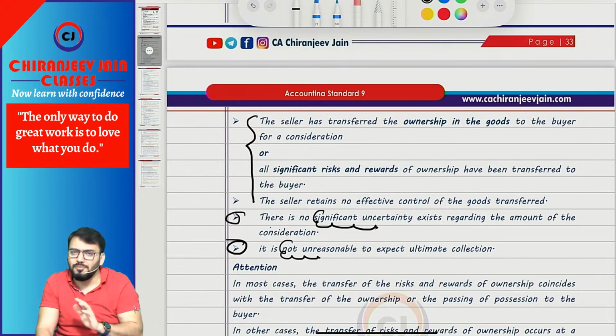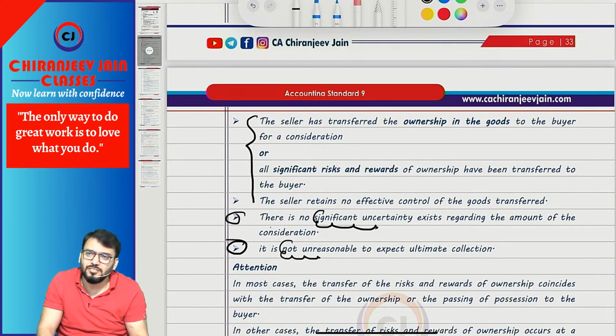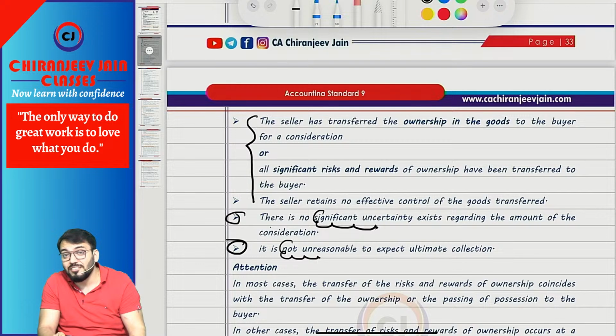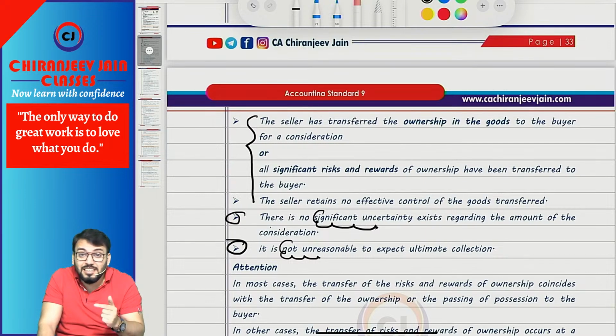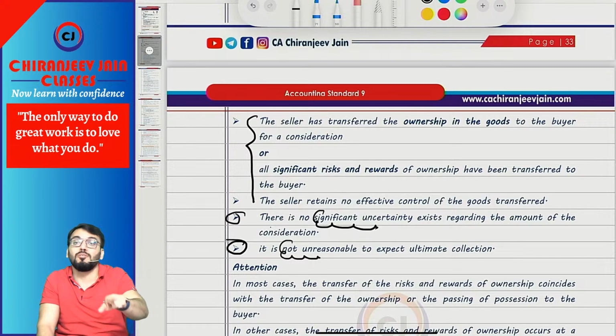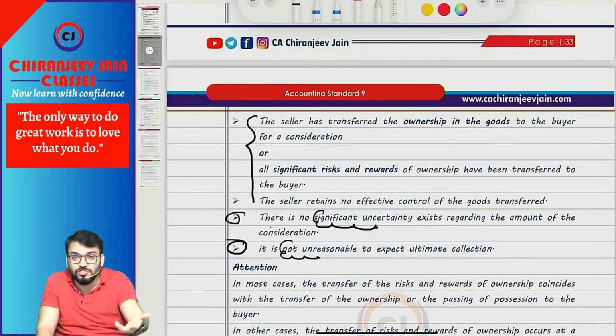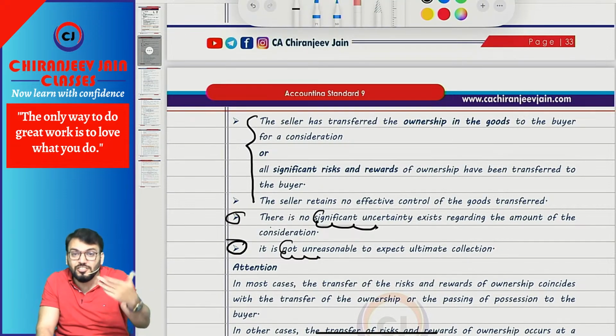For example, suppose you have done credit sales. Whether there is any certainty of collection? No. But is there no certainty of collection? Then also the answer is no. So what they say in this case is that there is no uncertainty regarding the amount of collection because you have done the sale to a known customer. In future the circumstances may change; the good debtor may become a bad debtor.